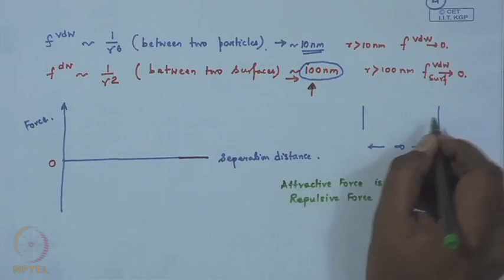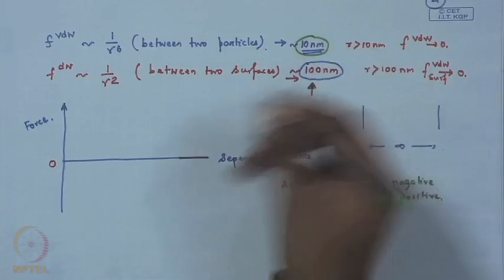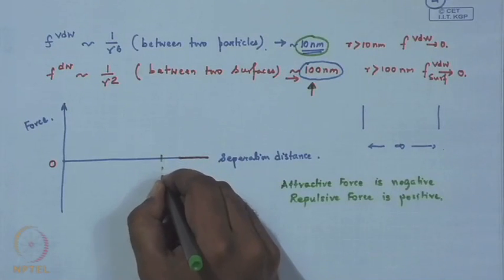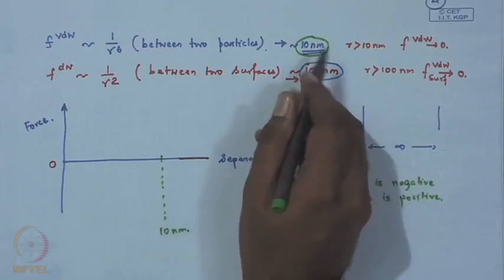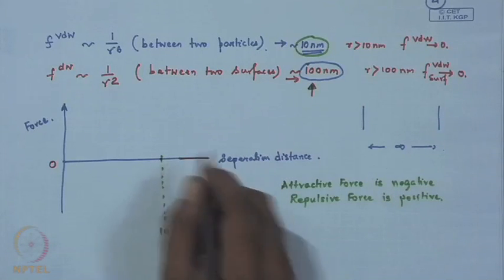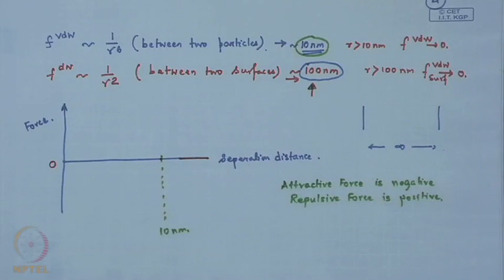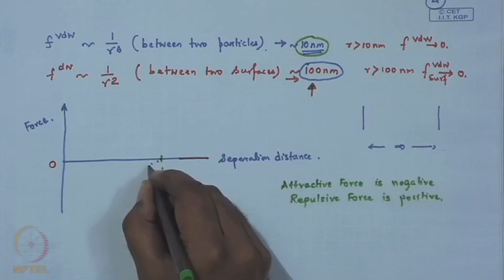You bring the particles closer to each other, and once you cross this number, 10 nanometers, let us say it is over here, the interaction is no longer 0. The interaction starts and it is attractive. So, the force is somewhere over here.